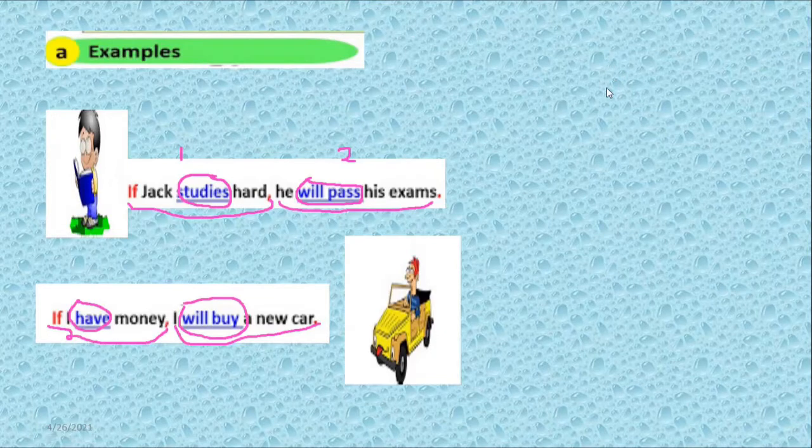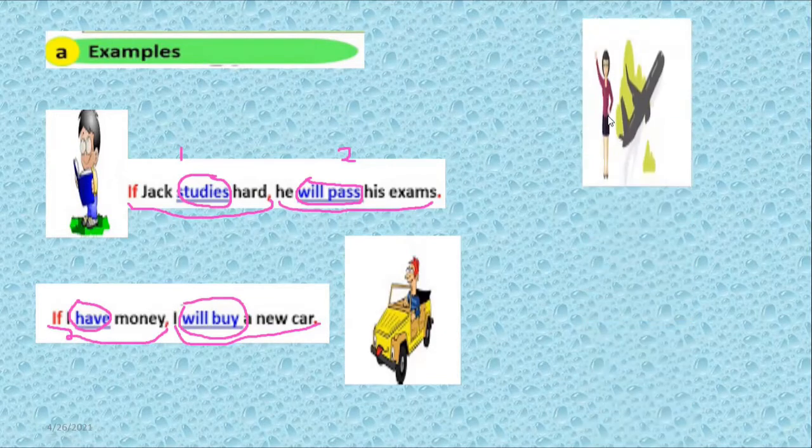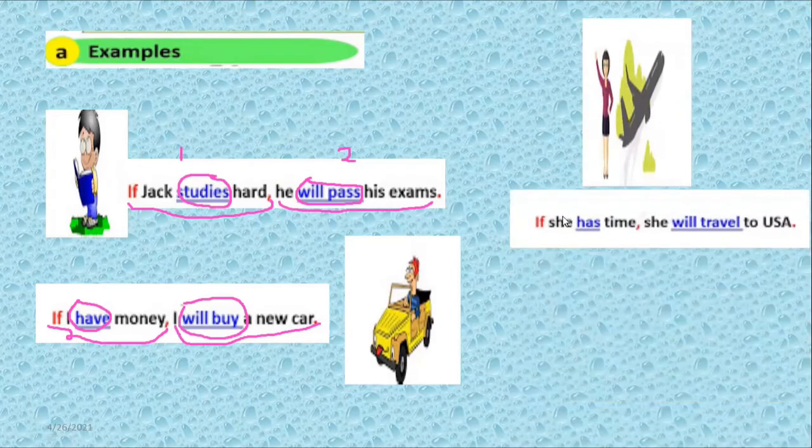Another example. Look at this woman. If she has time, she will travel to USA. As you see, this structure is also called conditional, and it contains two clauses.